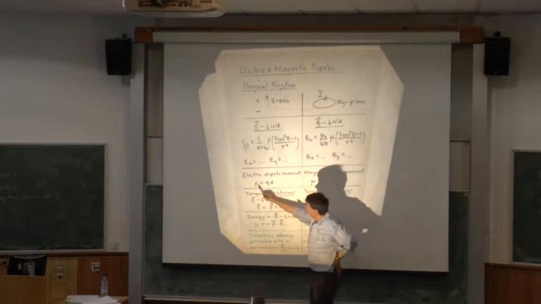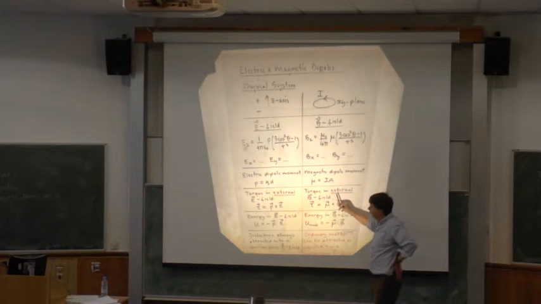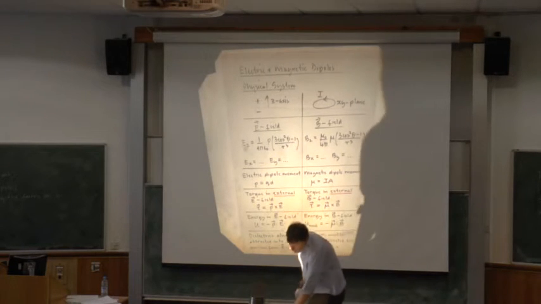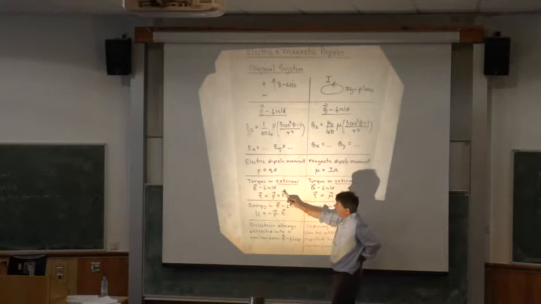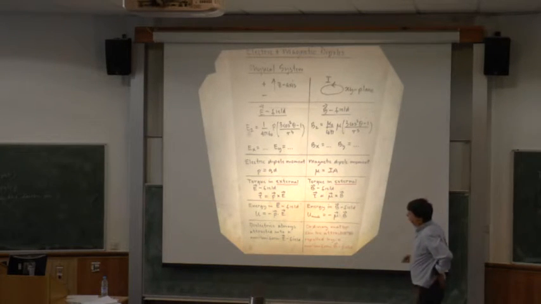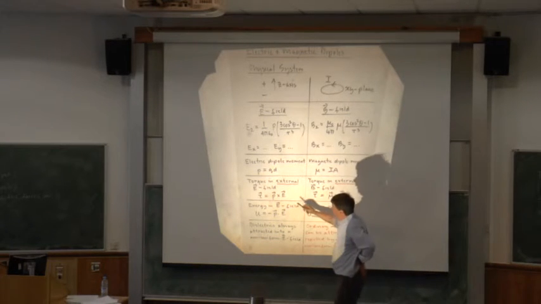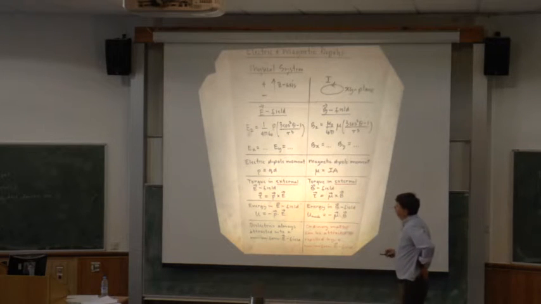The analogy between the electric dipole moment and the magnetic dipole moment is straightforward. Again, this result, the torque in an external field, is derived in Young and Friedman, the first year book. That's basic mechanics, given that you've got a little vector dipole moment in an electric field. The torque is a cross product of the two.